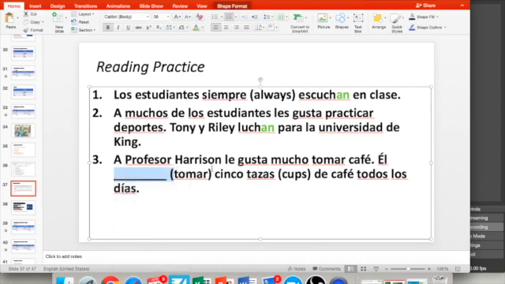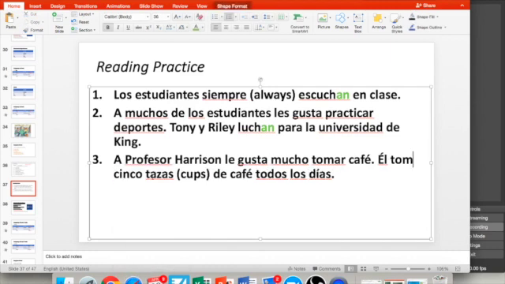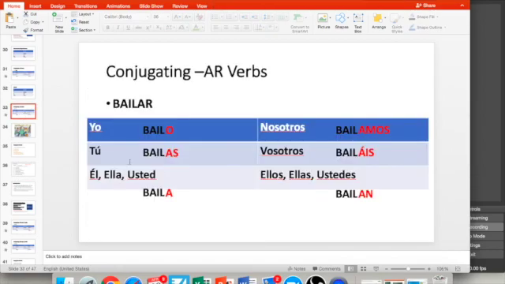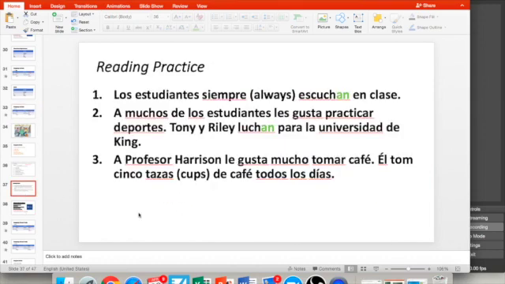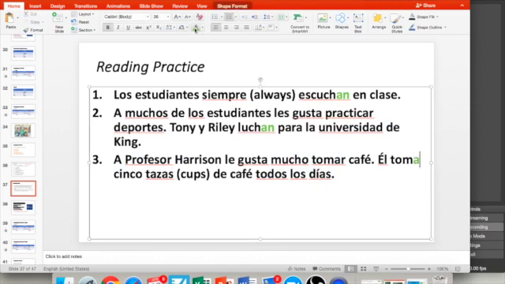If we want to say that he drinks, you should know hopefully by now that he is our bottom left box. Él means he. So our bottom left box here, our correct ending for an AR verb is just an A. So we're going to say that Señor Harrison, él toma, he drinks 5 tazas de café todos los días.